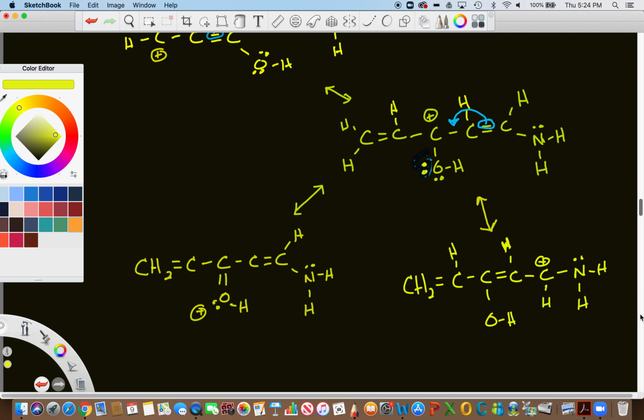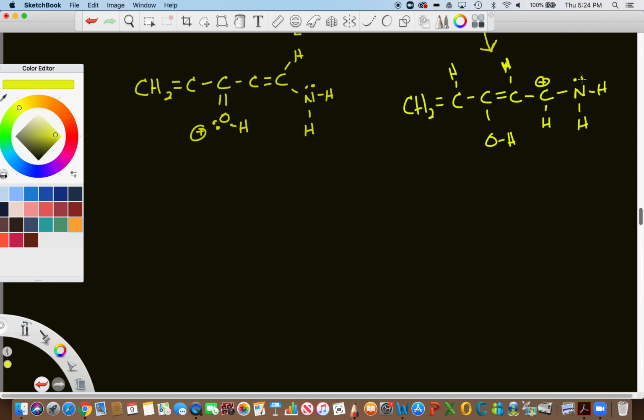And then there's one more. This pair of electrons from the nitrogen can form a double bond. So now I have my CH2 bonded to a CH, bonded to a C, double bond CH.